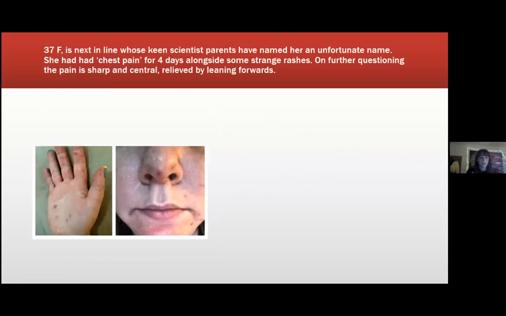Okay, next in line is a 37-year-old female. She's come in with chest pain for 4 days alongside some strange rashes. On further questioning, the pain is sharp and central, and it's relieved by leaning forwards.